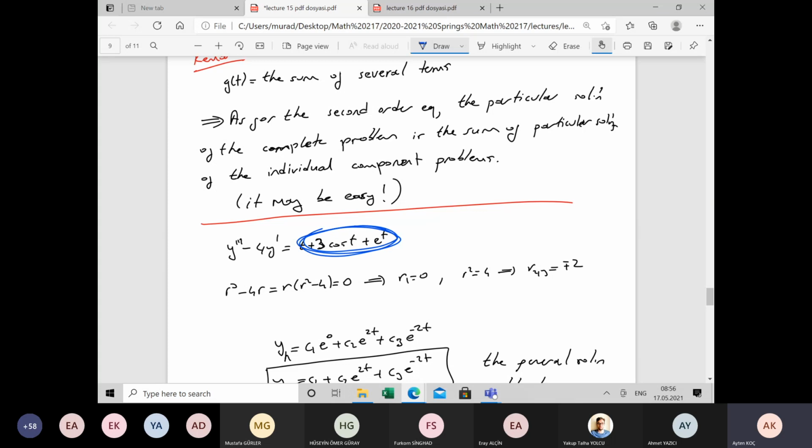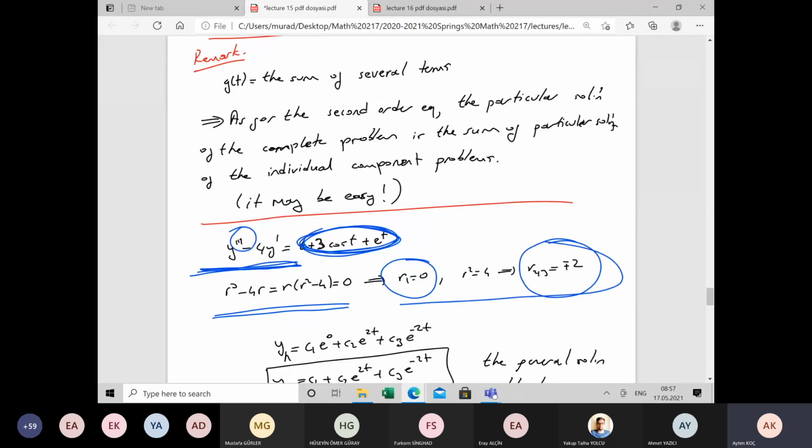This one is 0, and write the characteristic equation, because it is a linear differential equation with constant coefficients. This gives roots 0, plus 2 and minus 2, and also our differential equation is of order 3, so we obtain 3 roots.